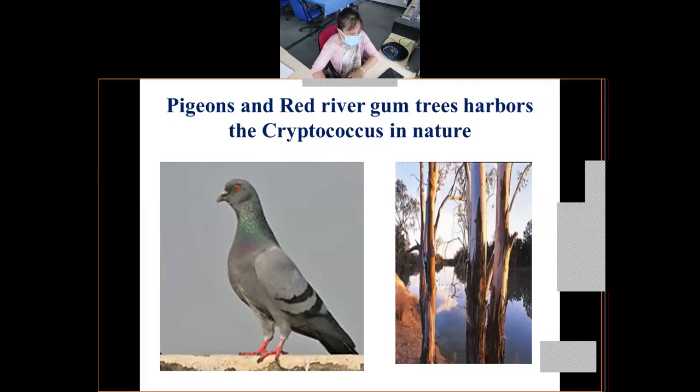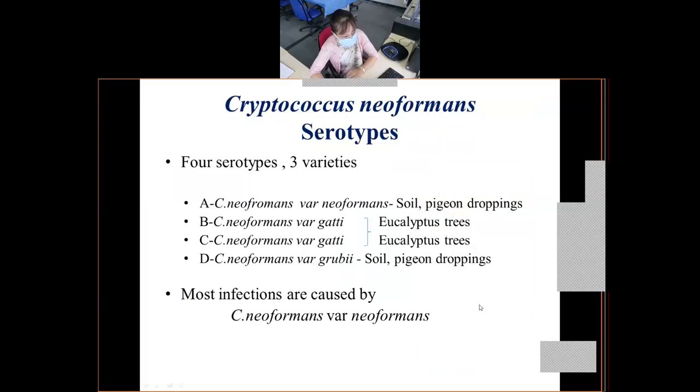So the pigeon is a reservoir of the fungus. Then we also have some vegetation, like the river red gum tree, or in India we commonly have eucalyptus trees. Eucalyptus trees are also a common reservoir of the fungus, where it can be present in these vegetations. There are four serotypes and three varieties.